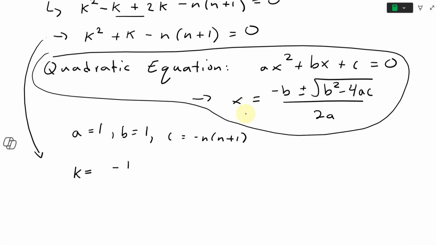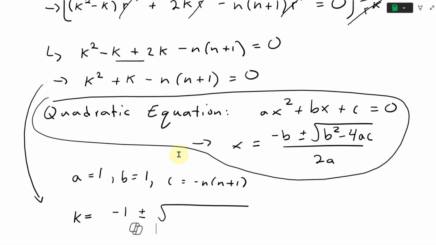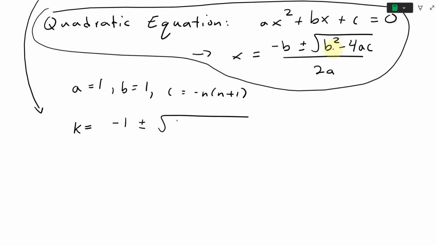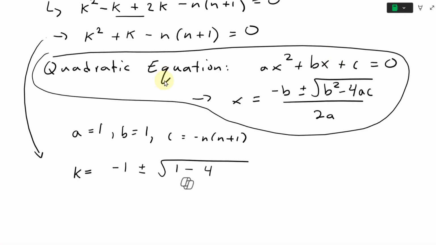So negative 1 plus or minus the square root. And then we put b as 1, 1 squared is just 1. And then minus 4ac. So a is 1. Then we multiply by, it's going to be plus now because we have this n times n plus 1 is c.